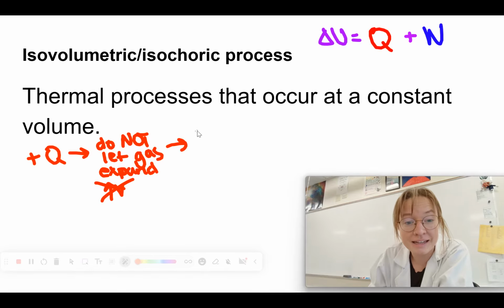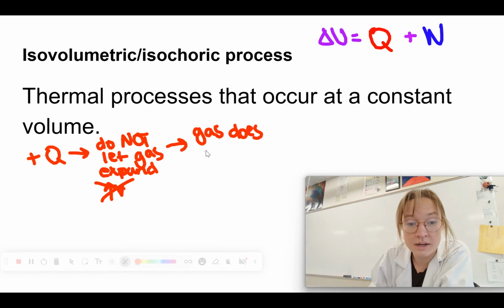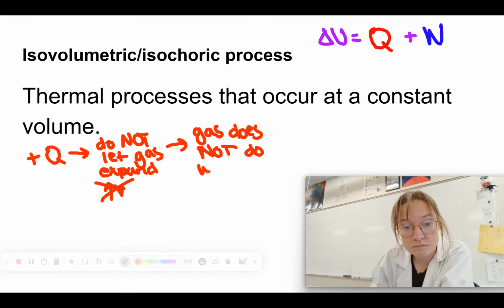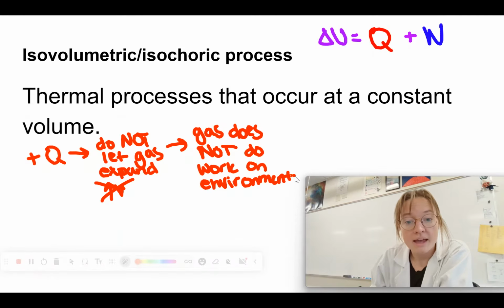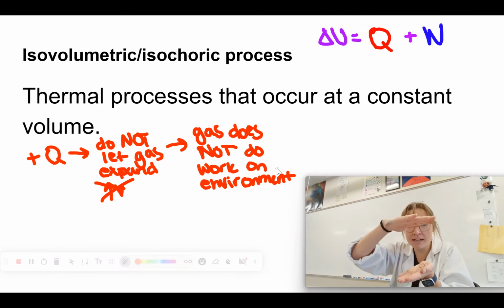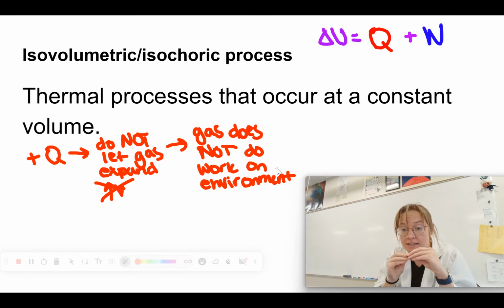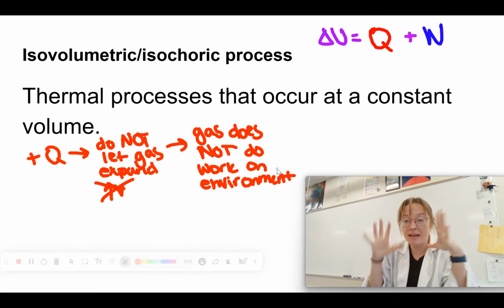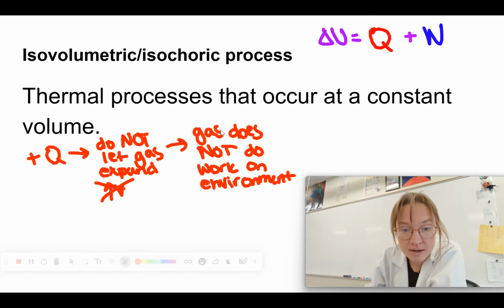This means that the gas does not get to do work on its environment. In other words, I add heat, I hold it still, and I don't let it expand, so the gas does not get to expand and push its energy outward into its environment.